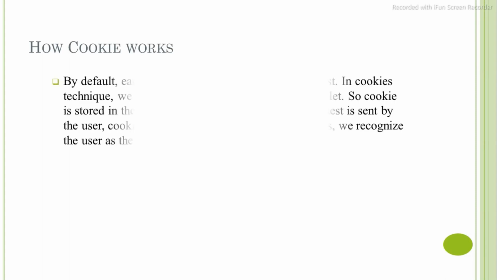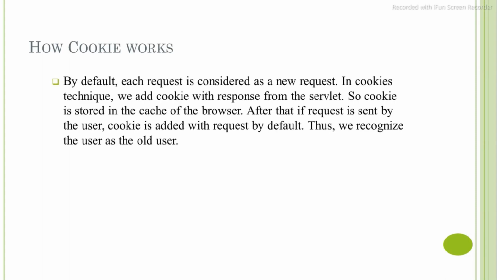How do cookies work? By default, each request is considered as a new request. In the cookies technique, we add a cookie with the response from the servlet. So the cookie is stored in the cache of the browser.